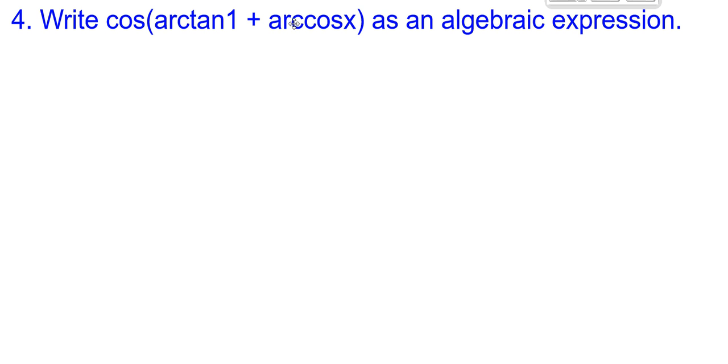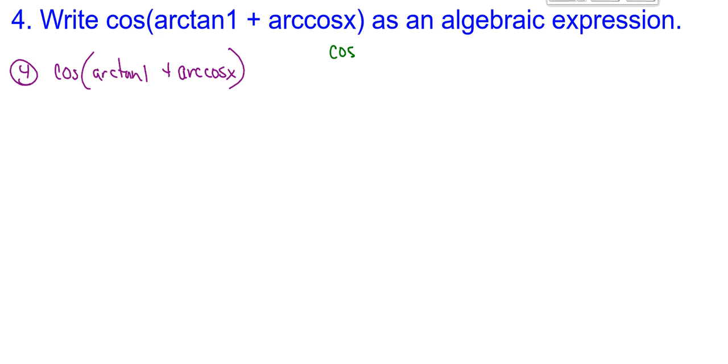So first, let's write what we're going to use. Well, first I'll write the problem. I want the cosine of the arc tangent of 1 plus the arc cosine of x. And I'm going to remind myself of the sum formula for cosine.